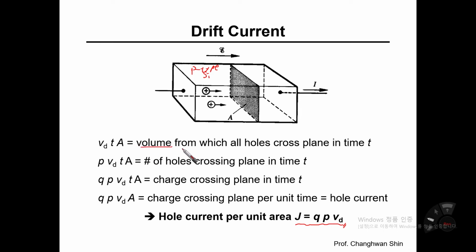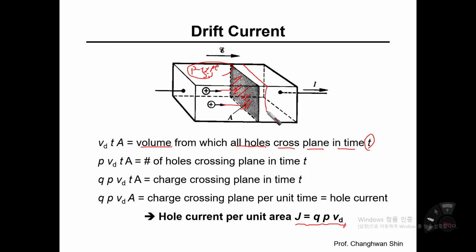What kind of volume? This is a p-type silicon sample, so holes are the majority carrier. So all holes now cross what plane in time t? For a given time interval t, from 0 to t seconds, the holes within the p-type silicon sample are now crossing this black colored plane.